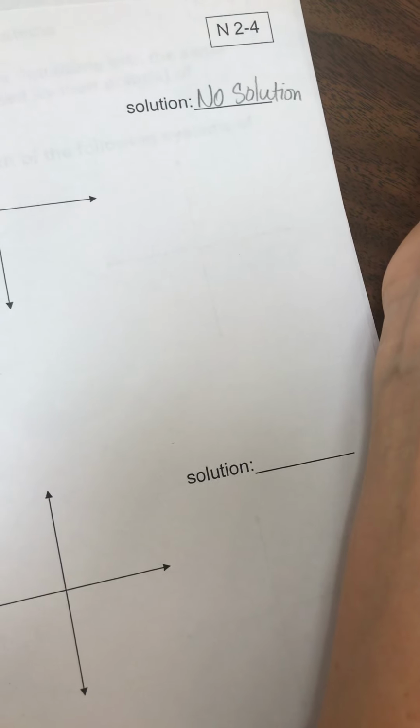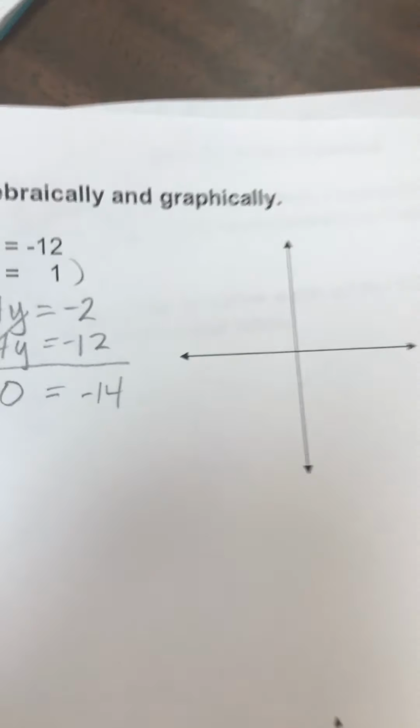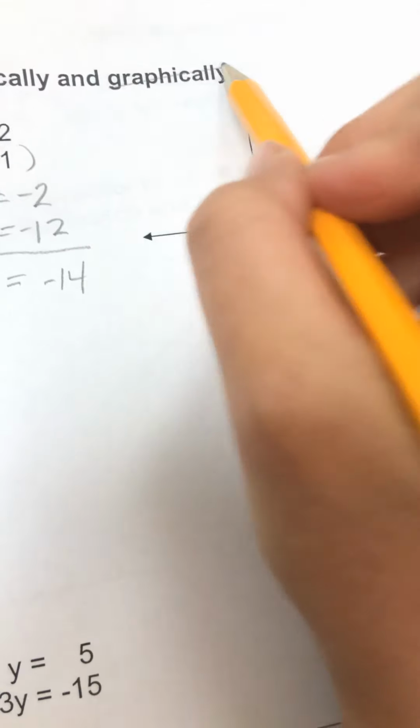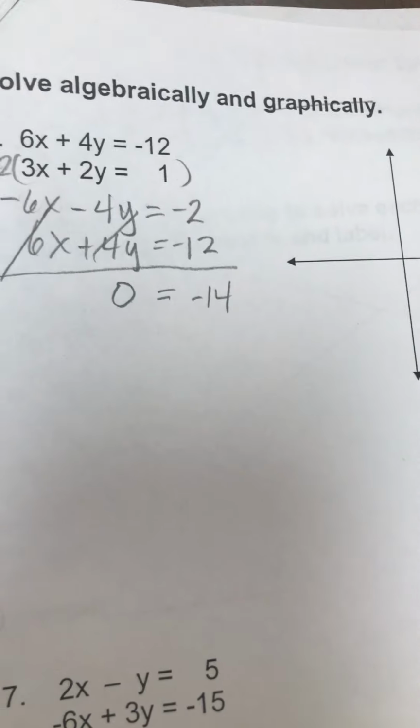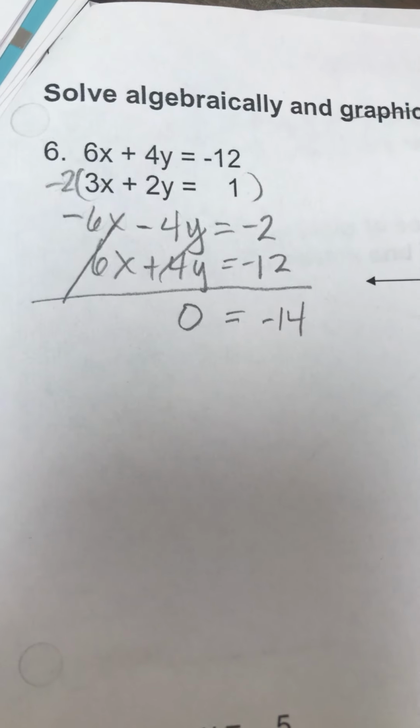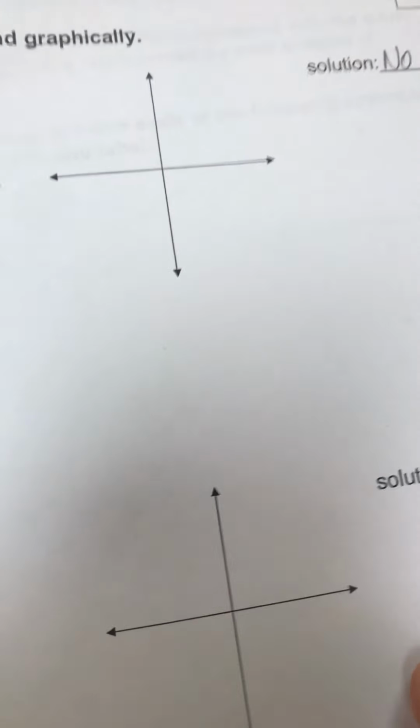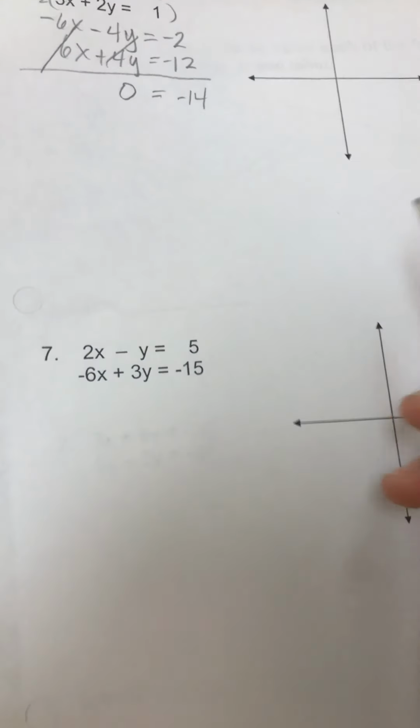Okay, there's no solution. We're not going to do the graph part because you would need to put your equation in your calculator. Okay, so we're just solving these algebraically. So no solution.